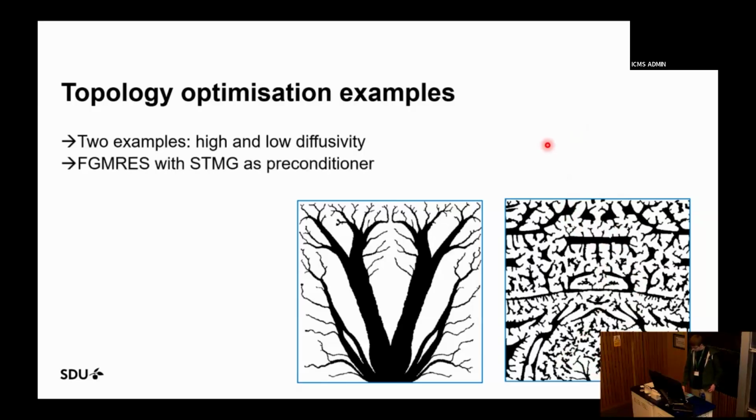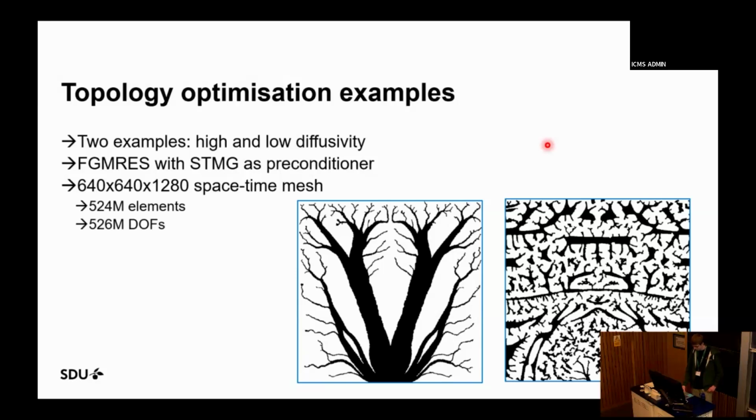Yeah, and so for this we used flexible GMRES with spacetime multigrid as a preconditioner to do our simulations, both the forward and the adjoint. And we used a spacetime mesh with these dimensions. So that gives us about 500 million elements, and also around 500 million DOFs.